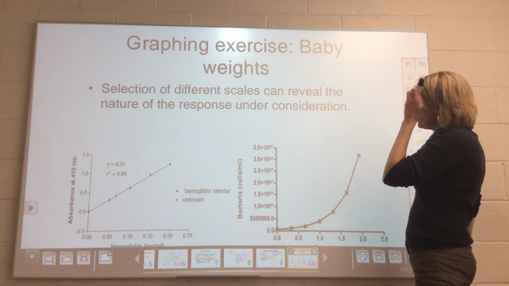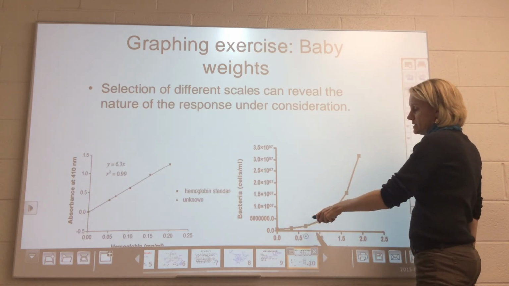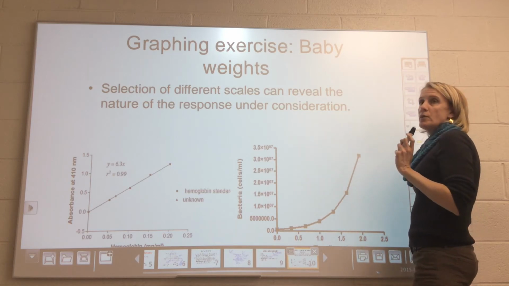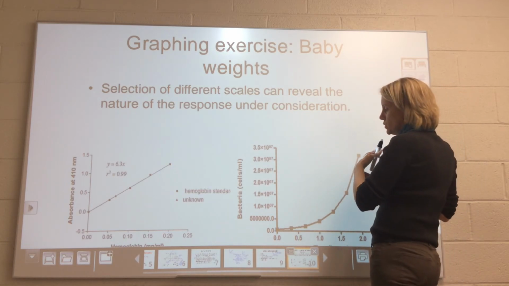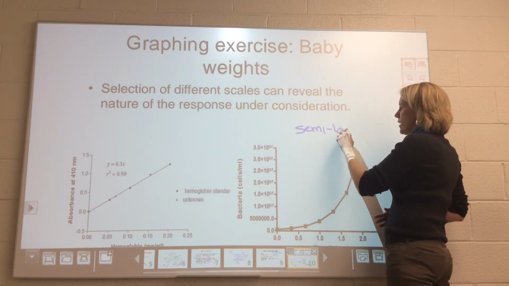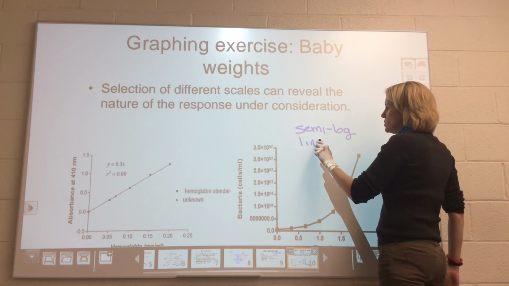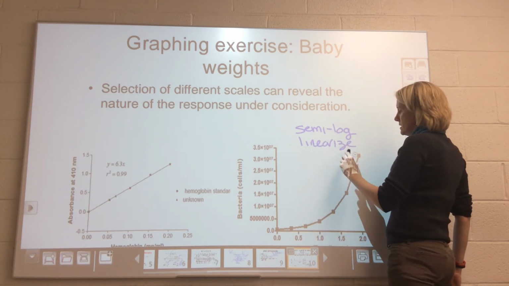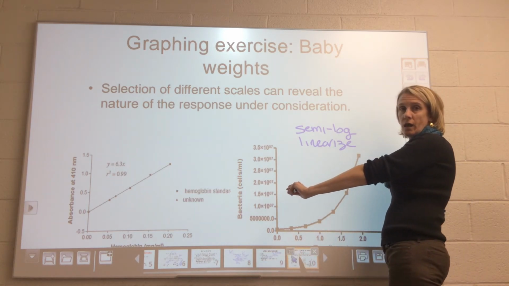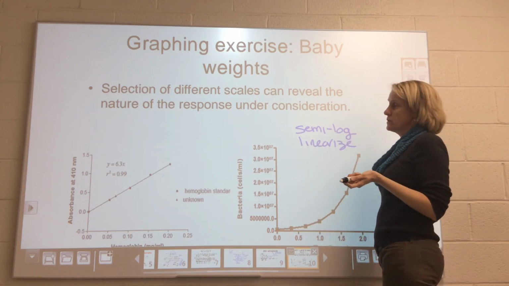If it actually is an exponential relationship, there are a few tricks we can do to put it on what's called a semi-log graph. If we graph it on a semi-log graph, we should linearize this line. So instead of being J-shaped, on a semi-log graph it will be a straight line, and that would denote that we have an exponential relationship.